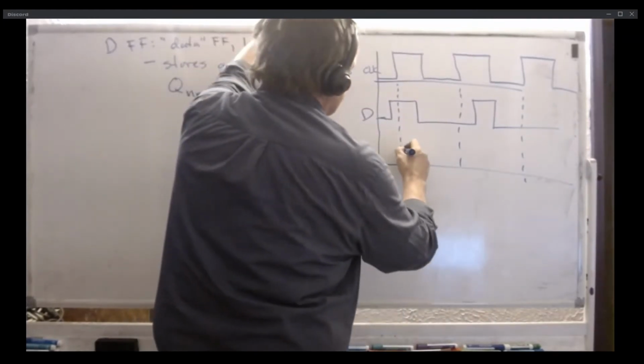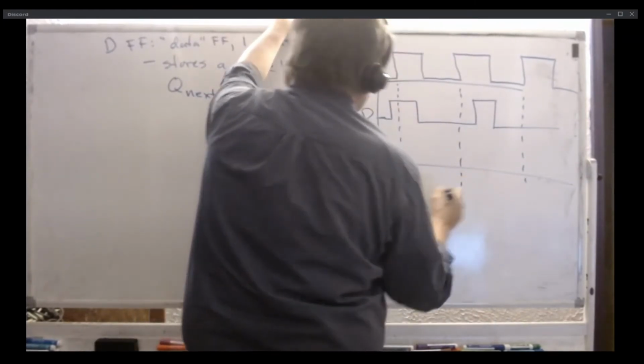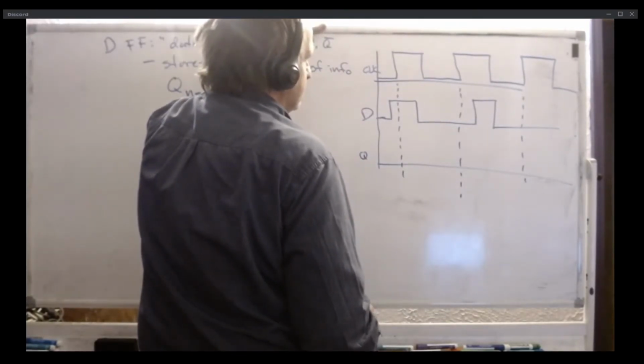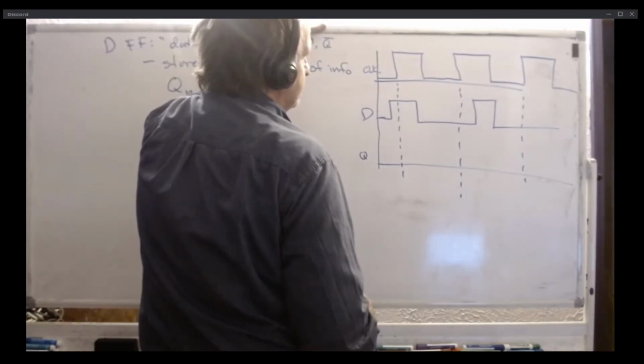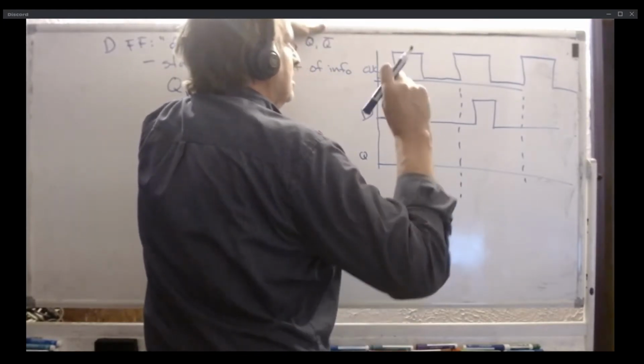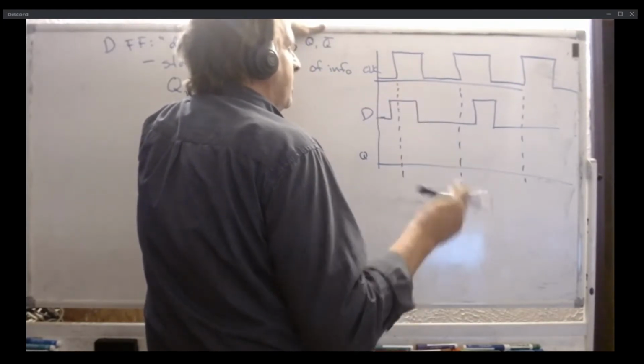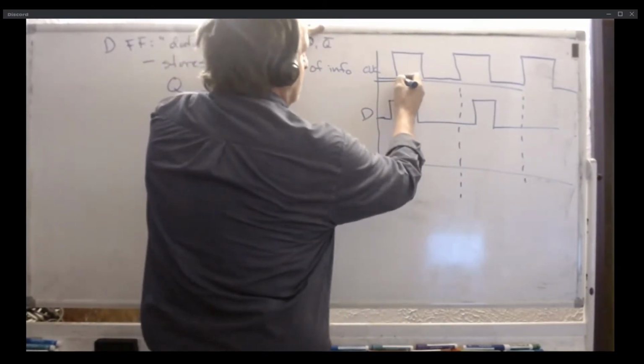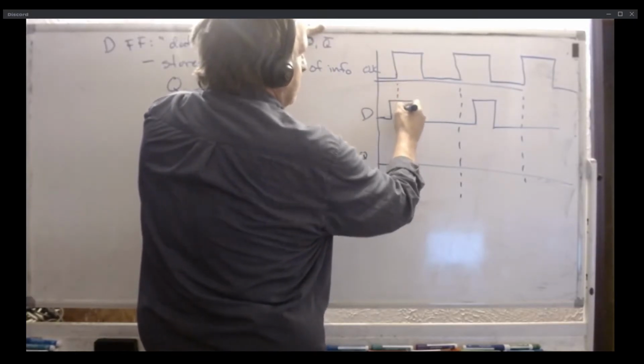Well, if Q's next is going to be D, then I guess it should trail behind... No, it should be equal to D, right? Q equals D when the active edge occurs. So we have an active edge here, don't we?